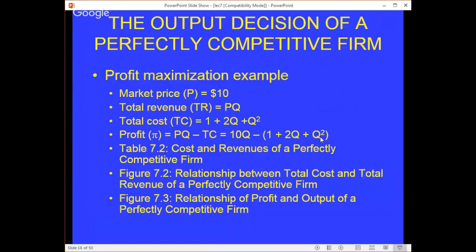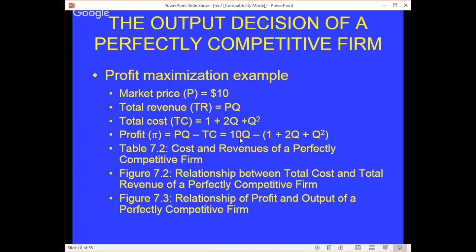Okay, so jumping ahead just a little, to maximize profits, what would I do? Or how could I figure out where the max profit is in terms of the quantity produced? Anybody? I have a profit function here.